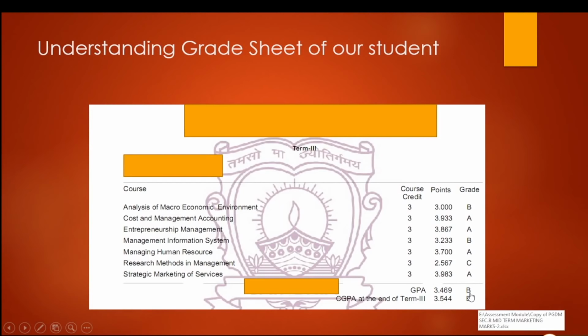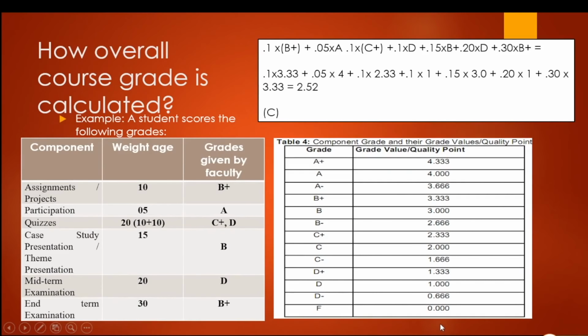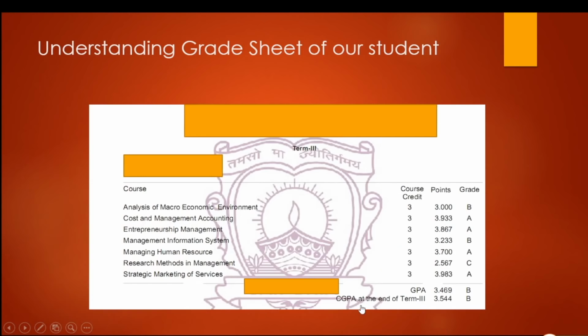So again, that weightage table is being seen, and what we have gone for giving the intervals at the bottom of this table, and this interval is then used. So for 3.67 to 4.33 it will be A, 2.67 to 3.66 it will be B. This particular interval is then being used, right?